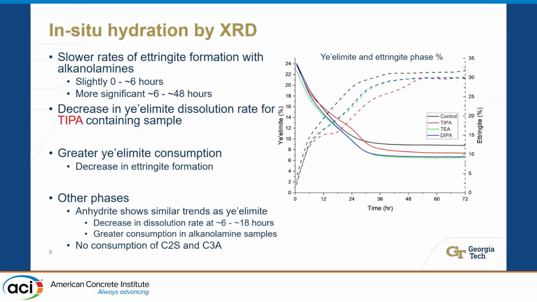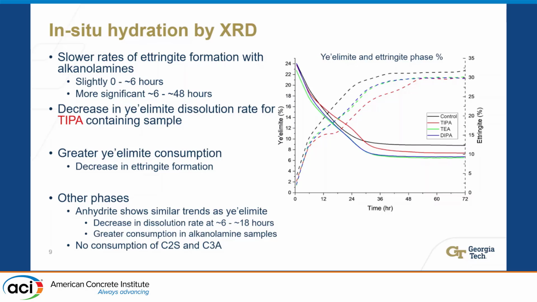Okay. So on the right, I've picked out specifically two phases rather than showing all of them, as that would be a little convoluted. I chose ye'elimite in the solid lines and ettringite in the dashed lines. If we look at the ettringite formation between 0 and 6 hours, we see a slightly slower rate of formation, but more significantly for the following 42 hours, especially in that TIPA sample.